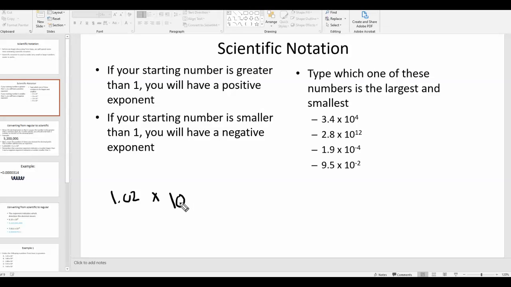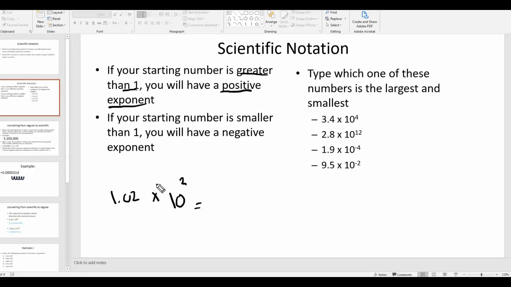And depending on whether the exponent is positive or negative, depends on whether you're talking about a very big number or a very small number. If your starting number is greater than 1, you'll have a positive exponent. And if your starting number is smaller than 1, you will have a negative exponent. Here's what I mean by that. Let's say we have 1.02 times 10 to the power 2.